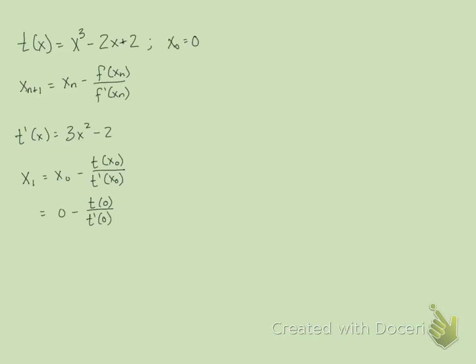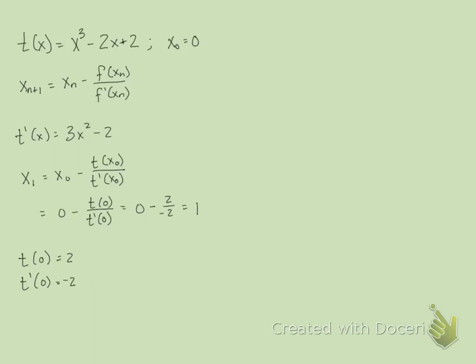Well, t of 0 is going to equal 2, and t prime of 0 is going to equal negative 2. So when we plug these in here, we'll have 0 minus 2 over negative 2, which will equal positive 1.